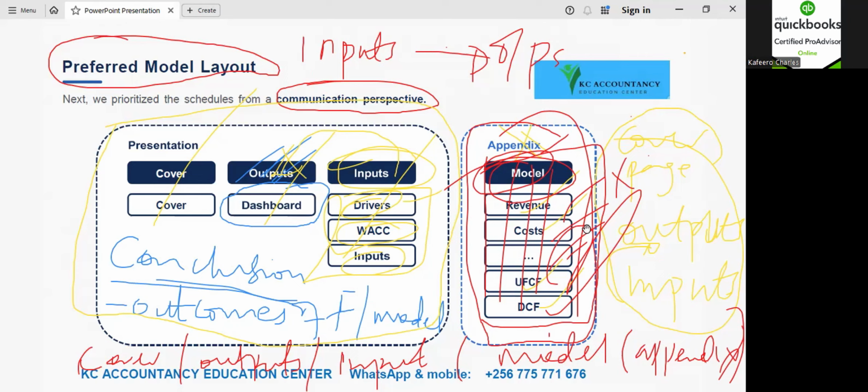So for you, the model builder, you will have good integrity through all these modules and schedules.